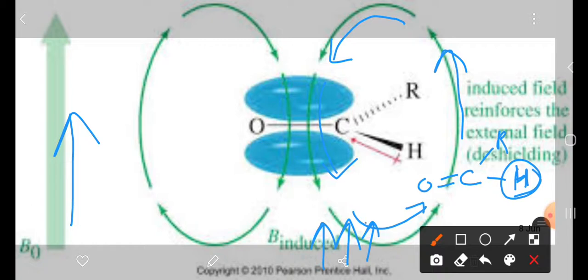These two fields are parallel to each other, in the same direction, so this proton feels more external magnetic field, because the external magnetic field as well as the induced magnetic field act on this proton. So this proton is called the de-shielded proton.